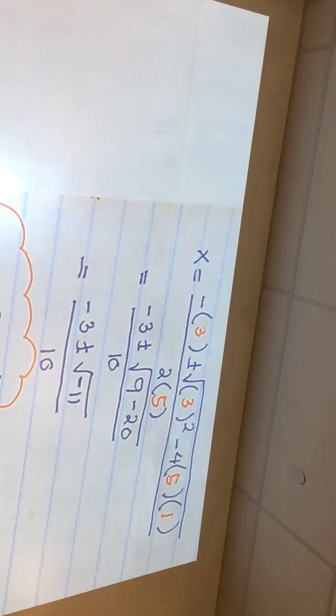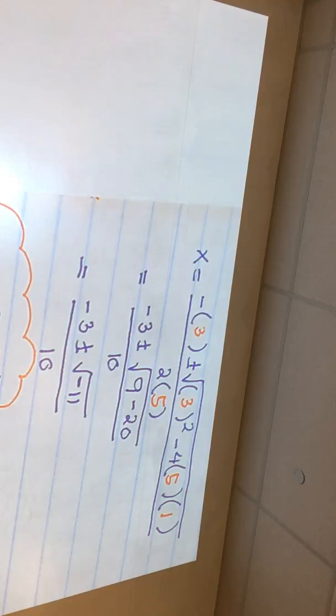All right? So again, we're going to solve using the quadratic formula, okay? But the first thing that we have to do, we always set it equal to 0. So we're going to have 8x squared plus 6x plus 5 equal to 0.